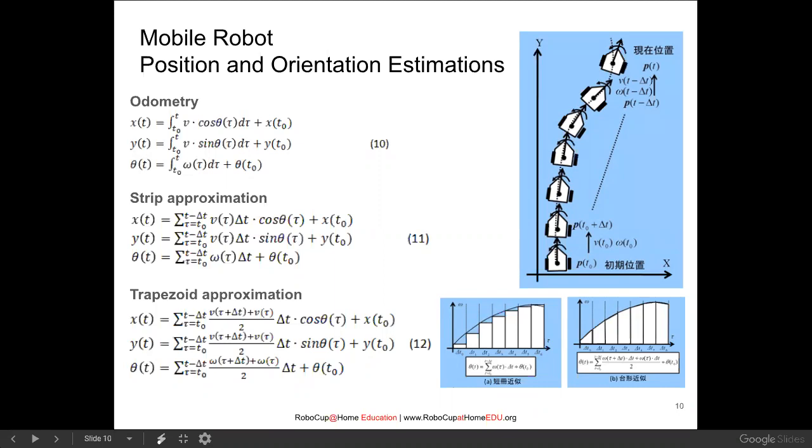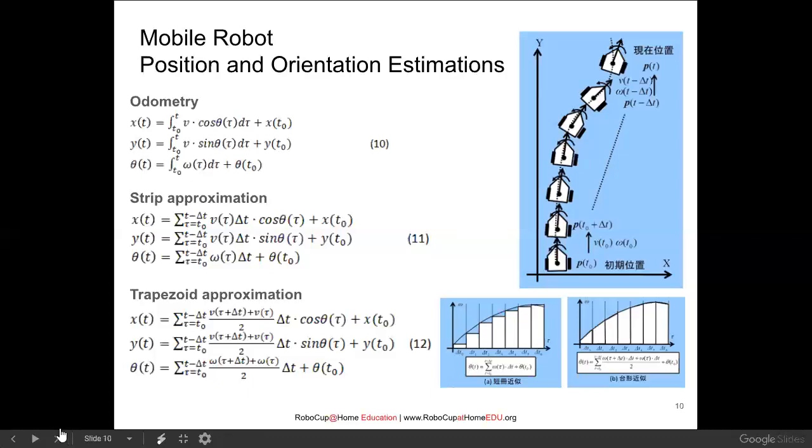And then we have the strip models, we have the trapezoid models, and so on. So various numerical methods can help you find the area under the curve, right? So we can find the solution using the numerical way and let the computer calculate. So that is how we formulate the strategy to estimate the odometry of the robot using a computer.